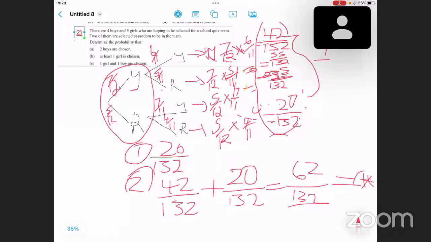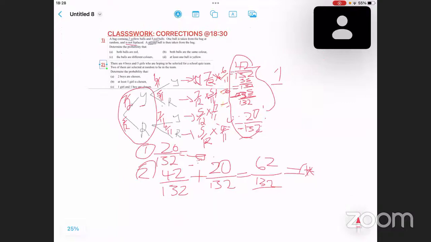Even here, if you have 20 divided by 132, whatever divided by 33, this is the way you can show it. You must show how you got to that 5 over 33.